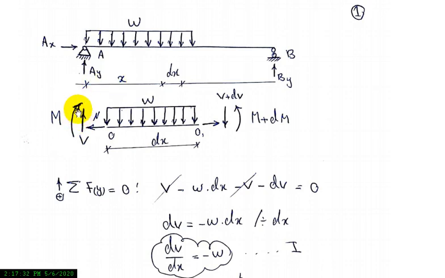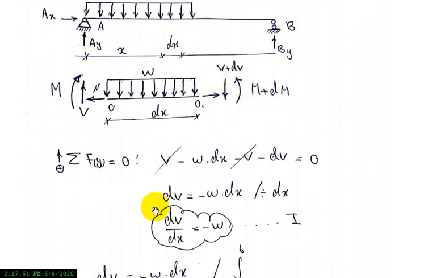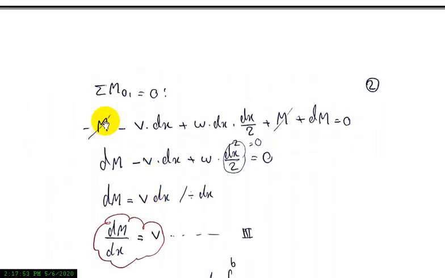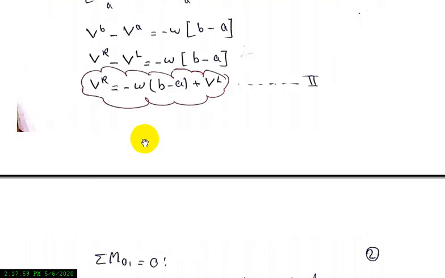M acts clockwise, negative, and V, when we take moment at the point O1, is also negative, and M plus dM acts counterclockwise, so it is positive.